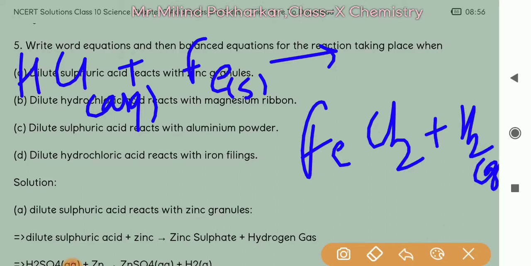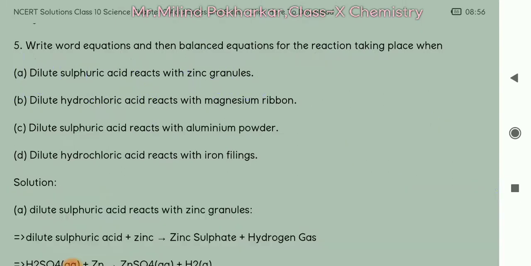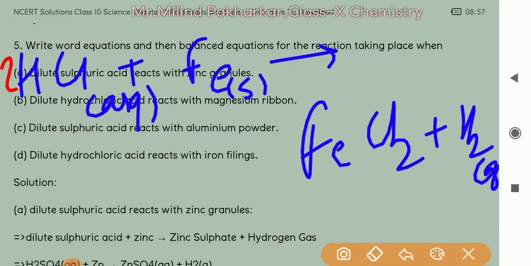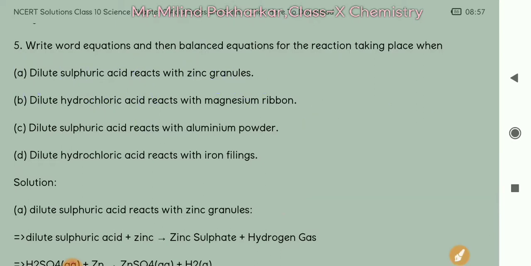FeCl2 is ferrous chloride, or iron(II) chloride. Here we just have to write 2 before HCl and the equation will be balanced. You can just check it: 2HCl, Cl2, and H2, so it has got balanced.